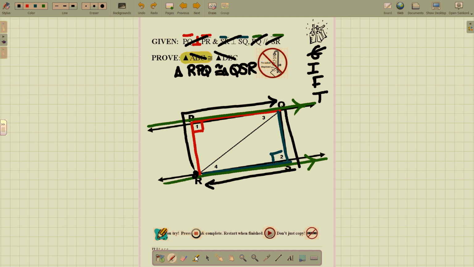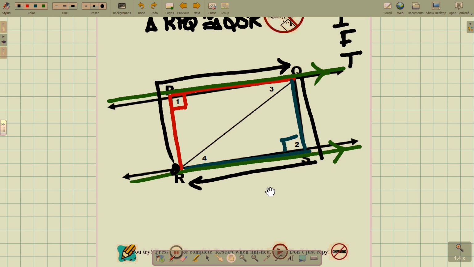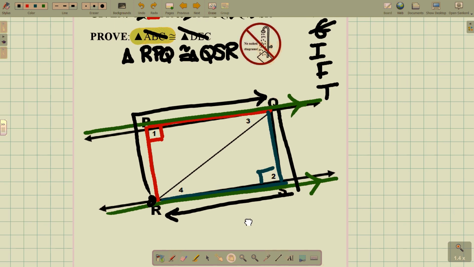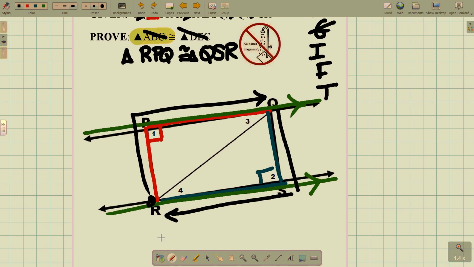Now we're going to look at implied and freebies. Get a closer look here. It is implied by the right angles that these are congruent. So because of the right angles, we get congruent angles here. I have a pair of congruent angles here.